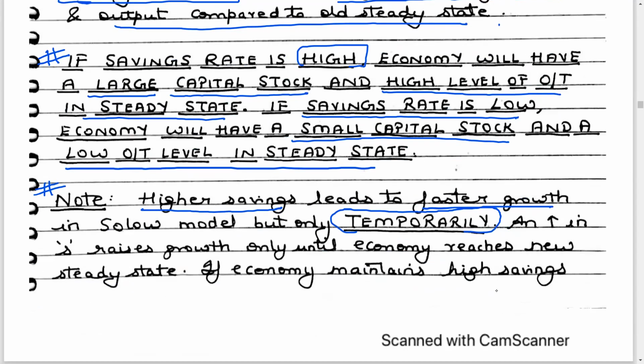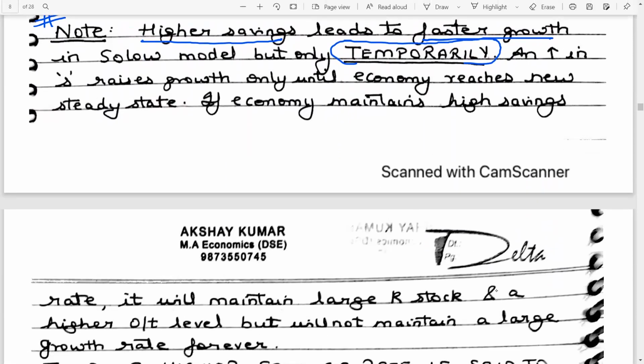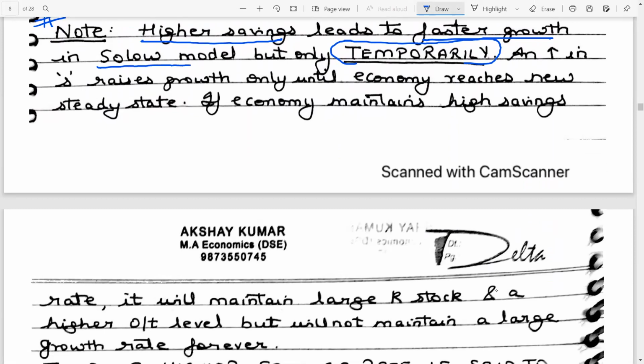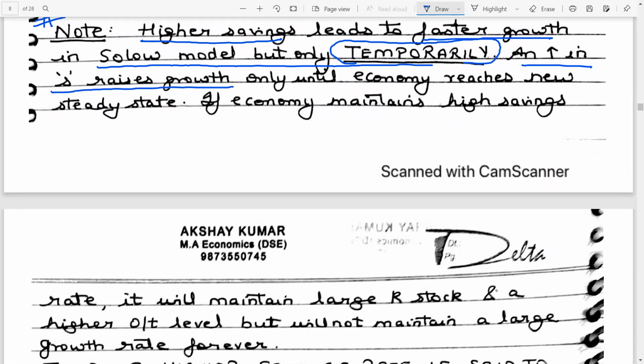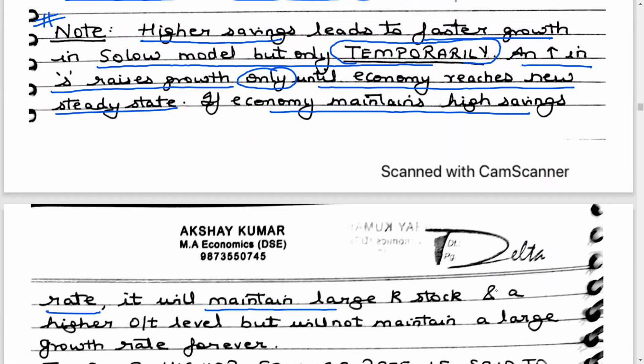So let's read this note. Higher savings leads to faster growth in the Solow model, but only temporarily. An increase in S raises the growth only until the economy reaches the new steady state. That means the phase of transition. If the economy maintains a high savings rate, it will maintain a larger capital stock and a higher output level, but will not maintain a larger growth rate forever.